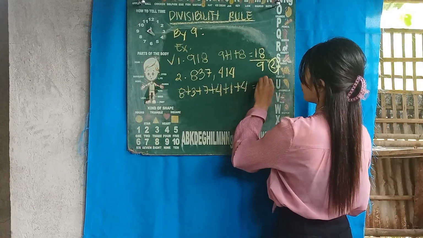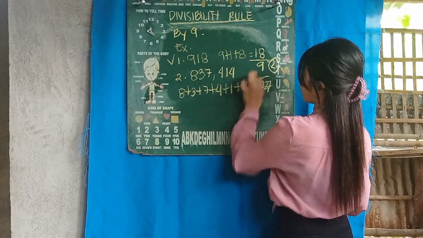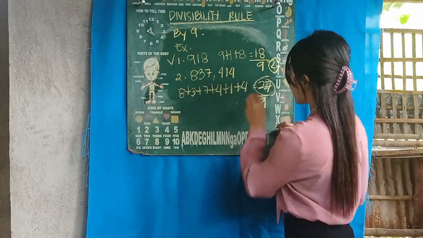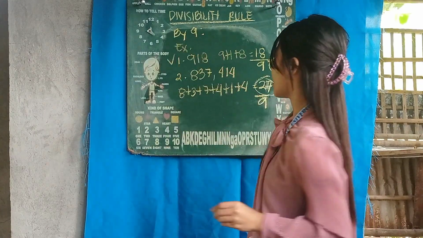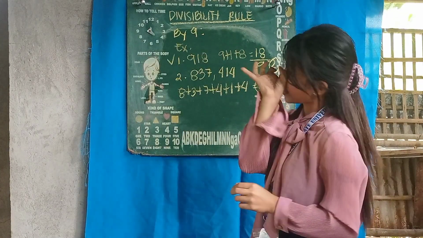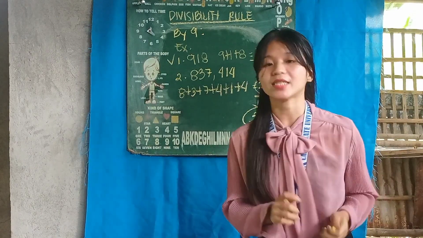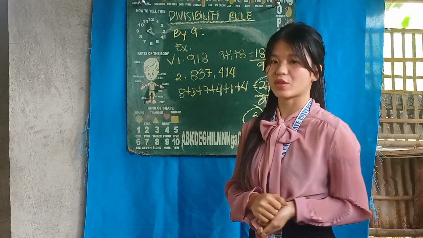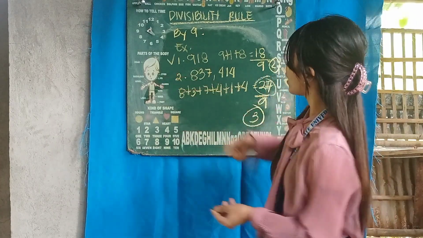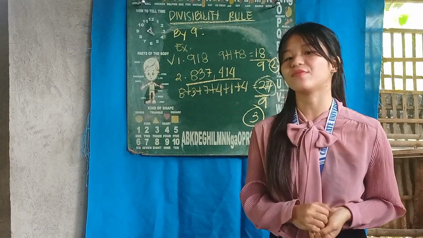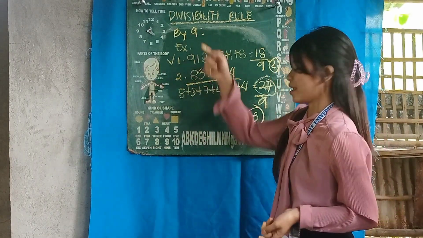Overall, the total is 27. So, 27 divided by 9, to know if it is divisible by 9, is equals to 3. That doesn't have any remainder. So, the original number 837,414 is divisible by 9.